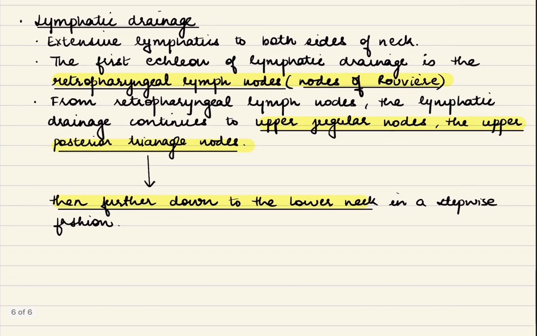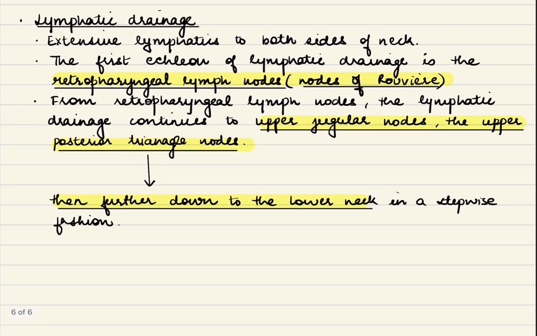Lastly, the lymphatic drainage of the nasopharynx. It has extensive lymphatics which drain to both sides of the neck. The first echelon of lymphatic drainage is the retropharyngeal lymph nodes. The lateral group of retropharyngeal lymph nodes are also known as the nodes of Rouviere.